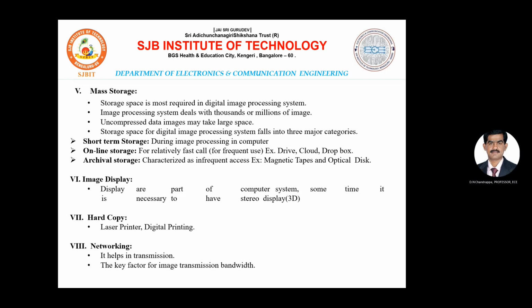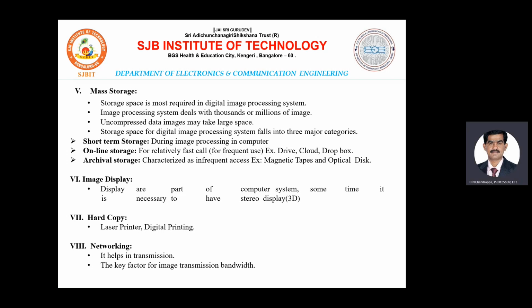Okay, and now we'll come to the sixth component of image processing, display. Display is a part of the computer system. Sometimes it is necessary to have a stereo display or 3D display, for some applications based on requirement. And then the last, seventh component, hard copy.